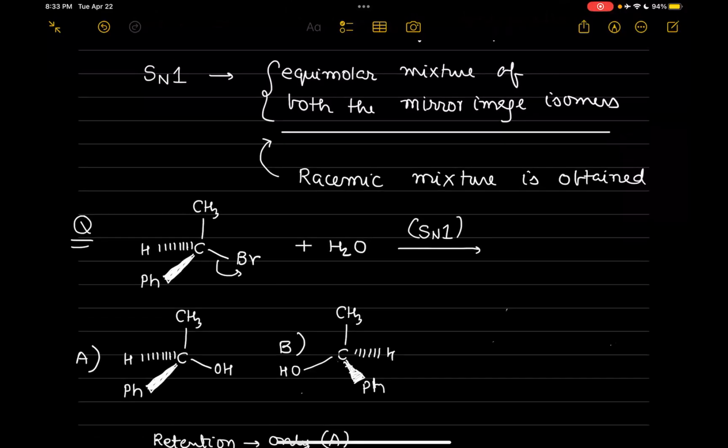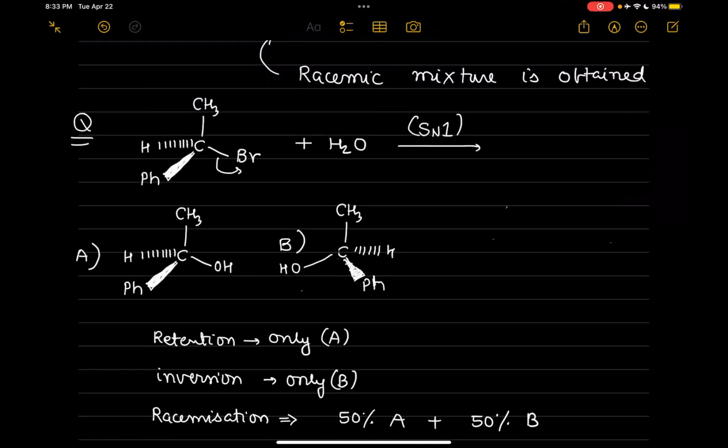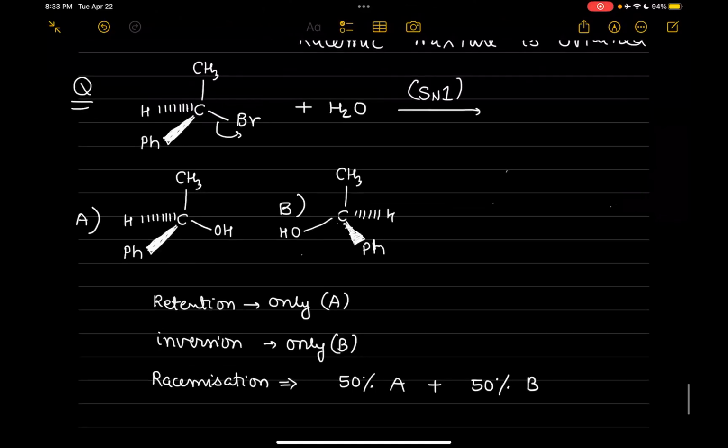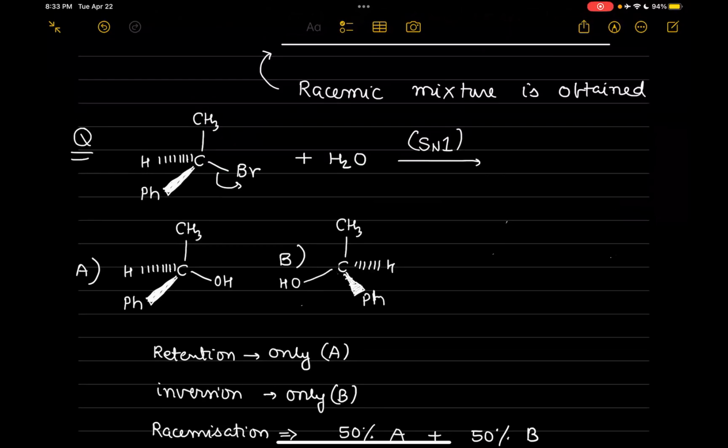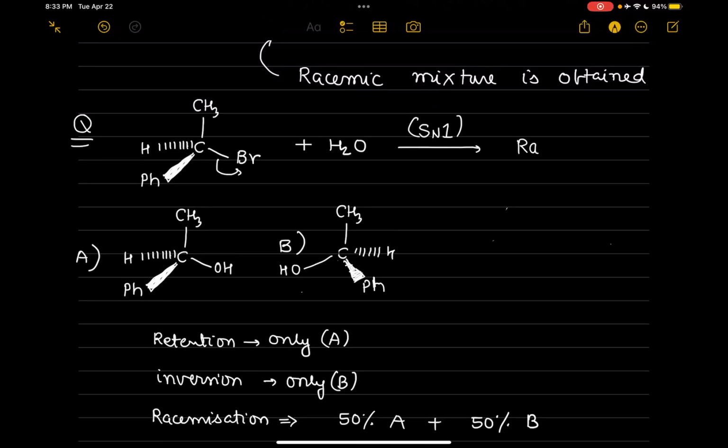So it can come from the top, it can come from the bottom, or if you draw it like this, the OH can get attached on this side or this side. That leads to equimolar mixtures of both the compounds. Are you getting my point? So if this is SN1, the answer should be racemization, or a racemic mixture is obtained.